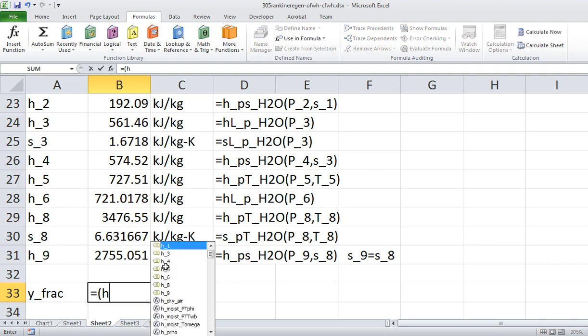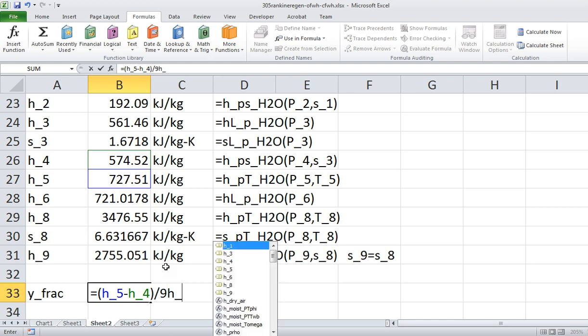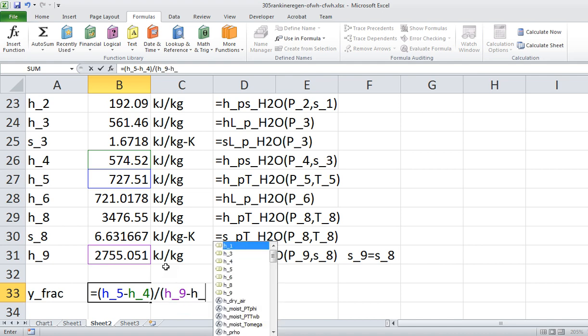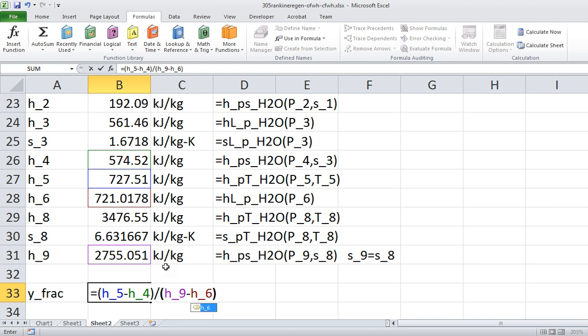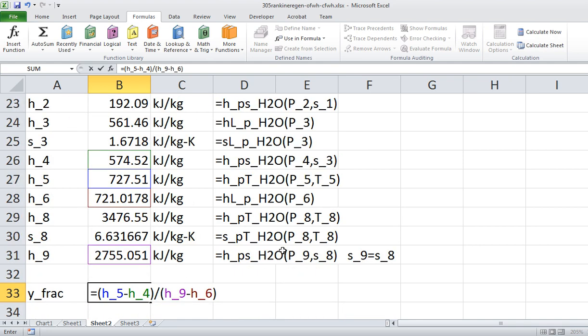So this is equal to H5 minus H4 divided by H9 minus H6. Did I get that right? Yeah, 9 minus 6. Very good.